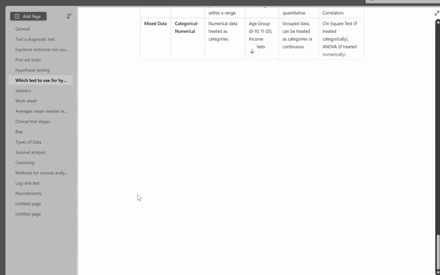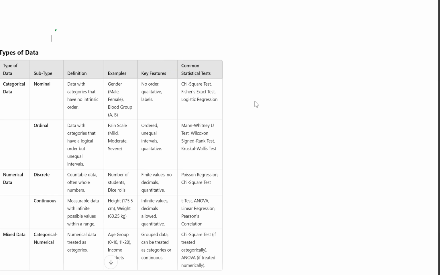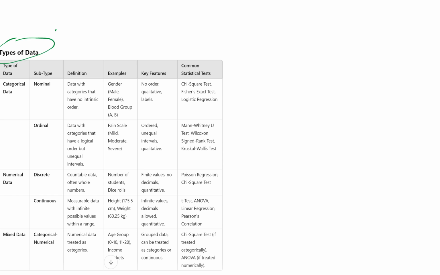Okay, so first let's just see what the types of data are. Now it's very important to know that data is the input that we give for a study.